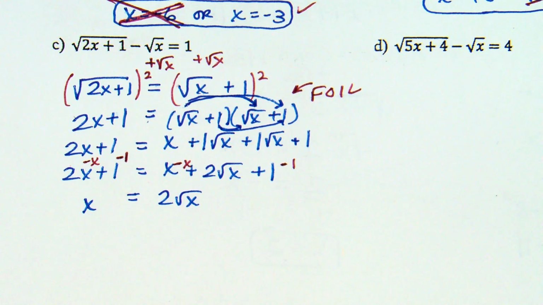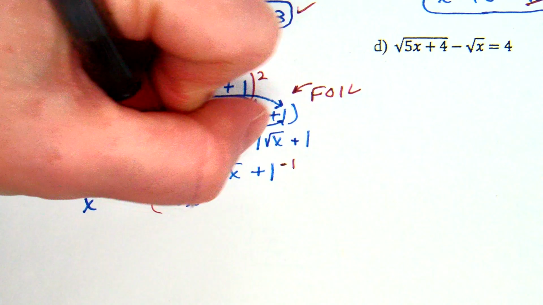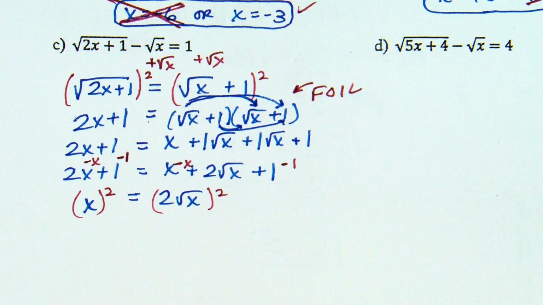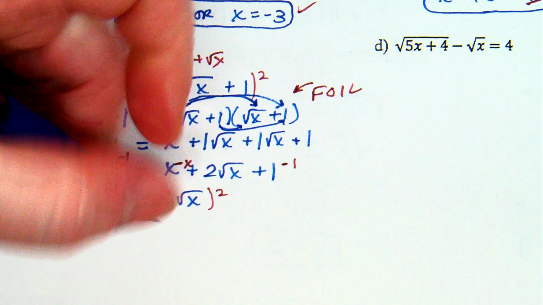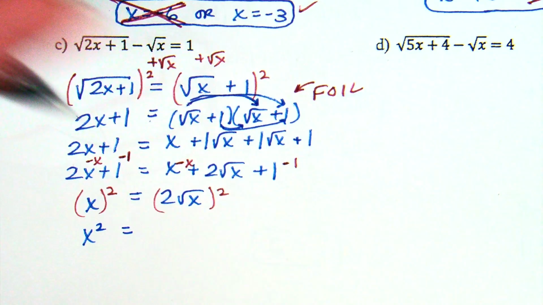So, if my radical is considered isolated, we're going to square both sides. On the left, what is x squared? X squared. Good answer. On the right, what is 2 square root of x squared?